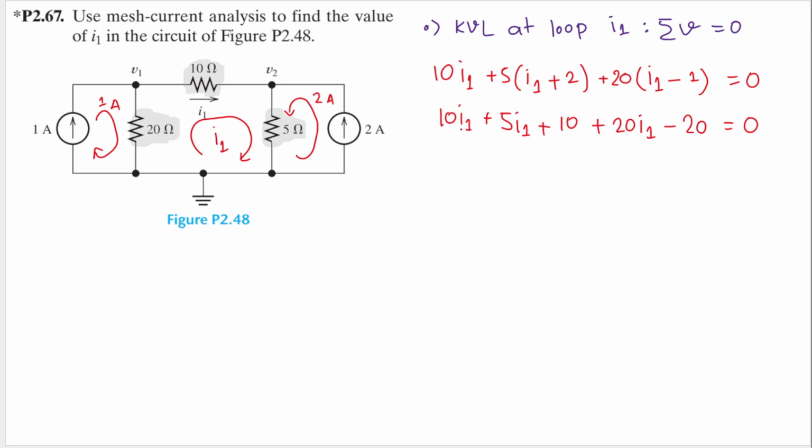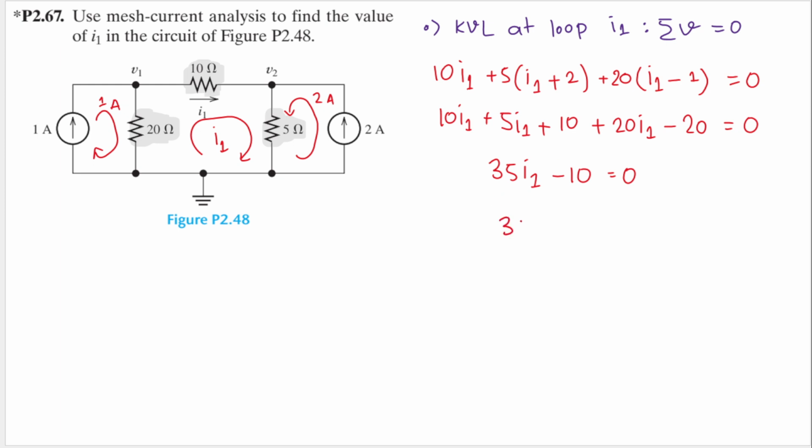We will have 10 plus 5, that will be 15. 15 plus 20 will be 35. So I will have 35 I1. And then we will have 10 minus 20, so minus 10. All of that will equal 0.